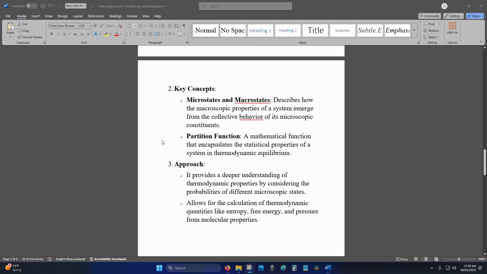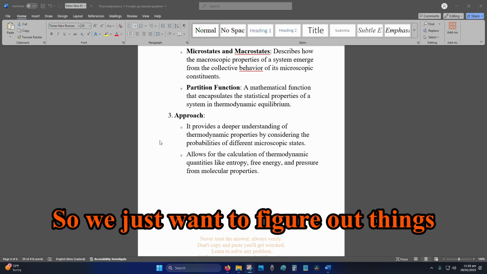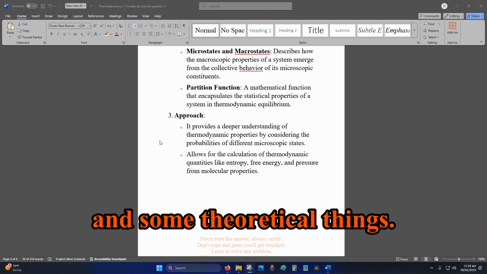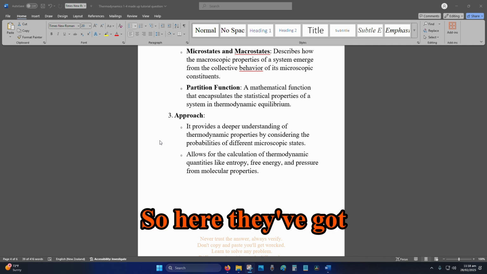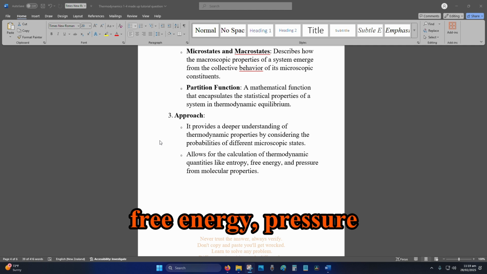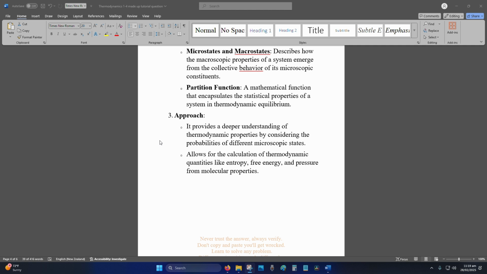And then the approach: we want to figure out things that are beyond what we can see, and some theoretical things. Here they've got concepts such as entropy, free energy, and pressure from molecular properties.